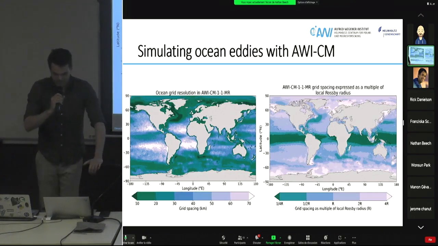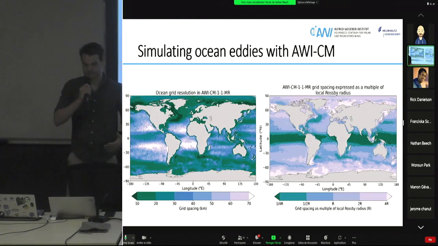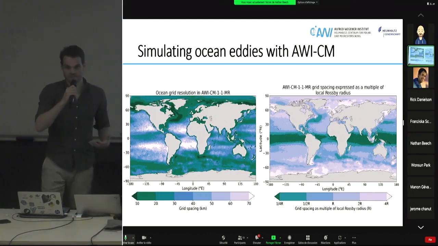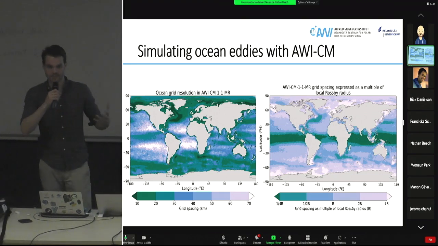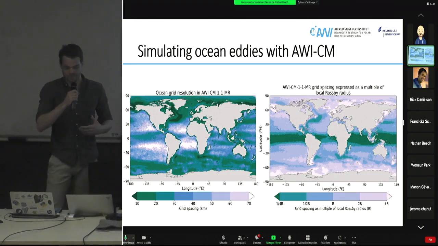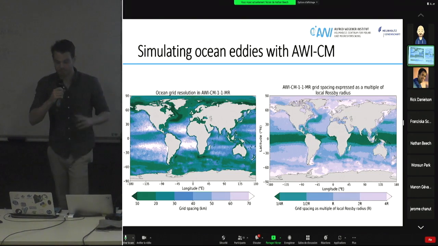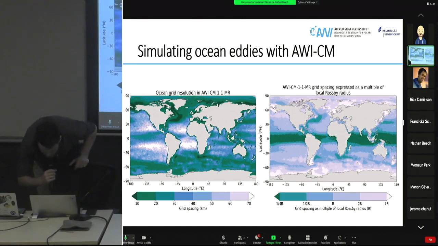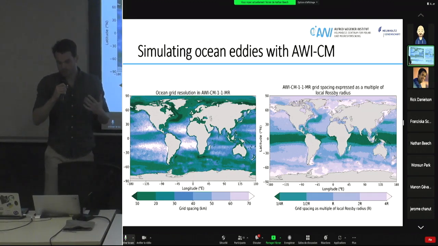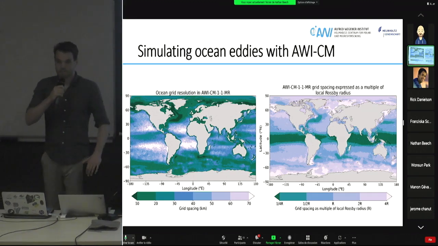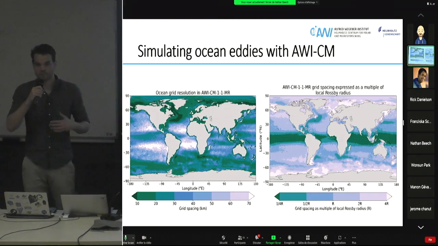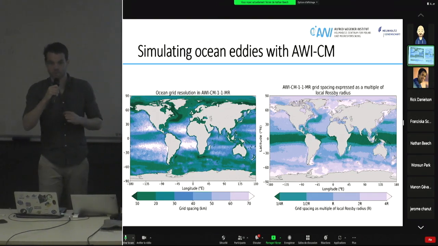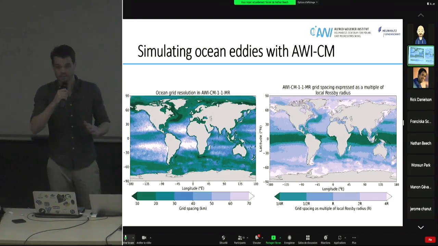Sure. There you can see the grid, and there you can see it in terms of the Rossby radius as well. I guess this is a difficult question because, in theory, what is necessary to resolve eddies is not so clear. The rule of thumb is 1/2 of the Rossby radius, which in the Mozambique channel, for example, we do get. Another thing we've learned in designing these meshes is that just putting the resolution where you want to see eddy activity isn't enough.